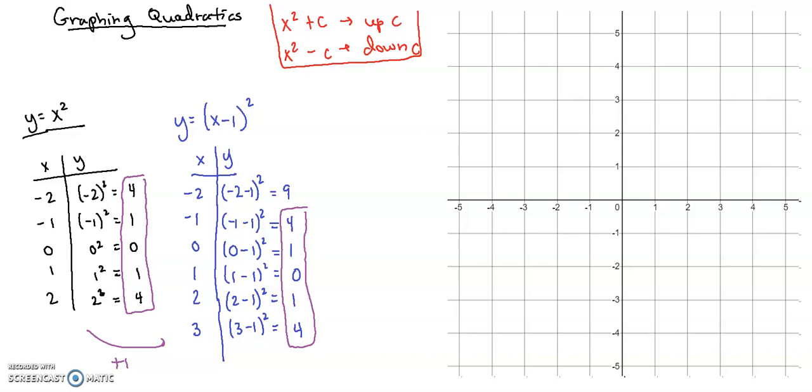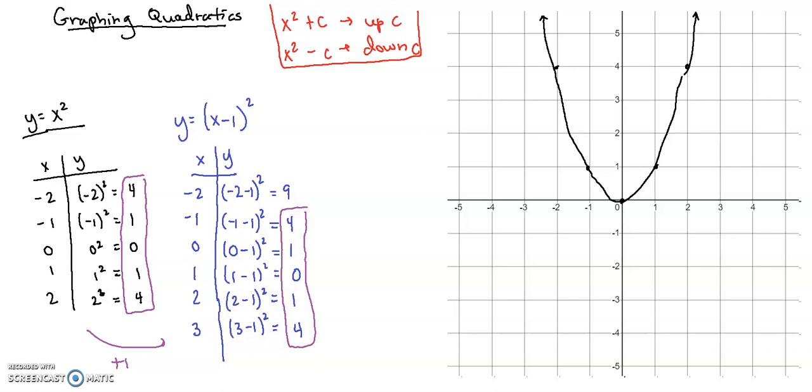When you go to graph this, oh, we lost our x squared graph. Let's put that back in. Okay, here's our original graph, like this. And we're going to graph our new graph, and if you think about it, I've said all my x values are going up by 1. We saw what happened when the y values all went up. What happens if all the x values go up by 1?